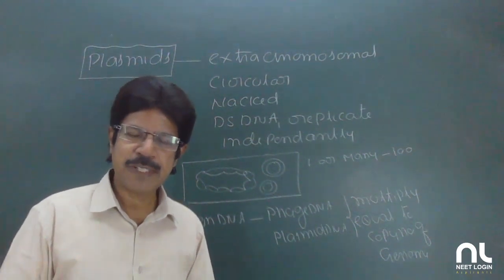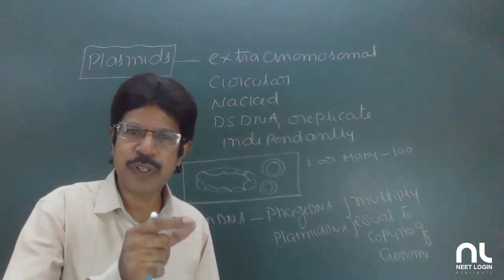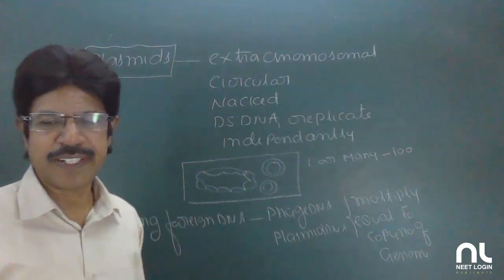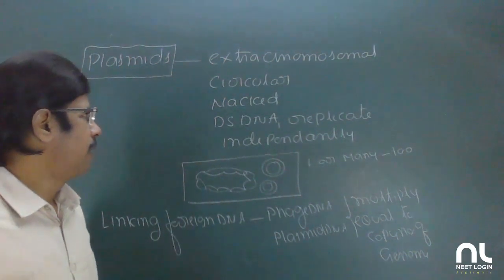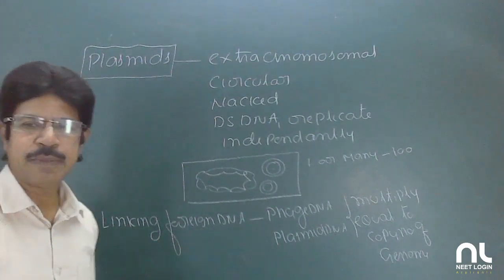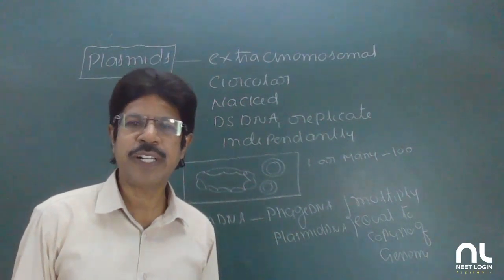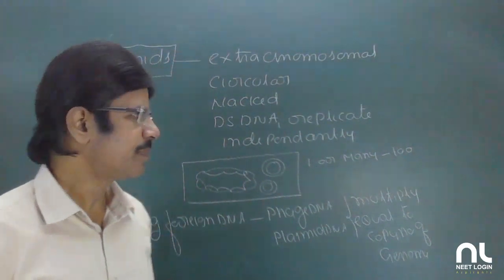If the plasmid has 200 per cell, we are going to get 200 copies. What do you call it? It is copy number. So extra chromosomal, circular, naked, double-stranded DNA present in addition to the genome, what do you call it? It is the plasmid.